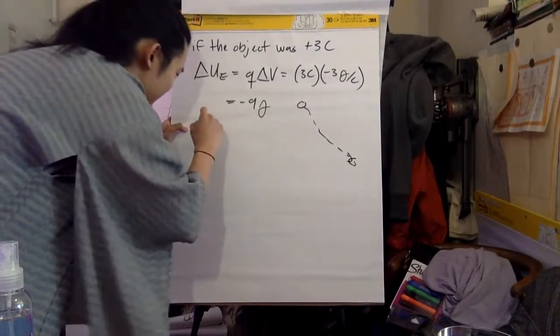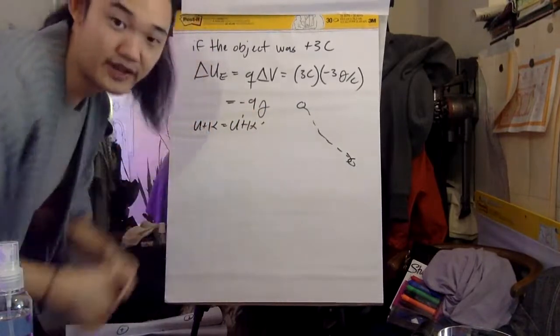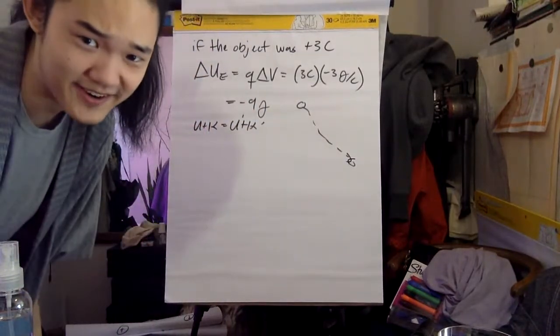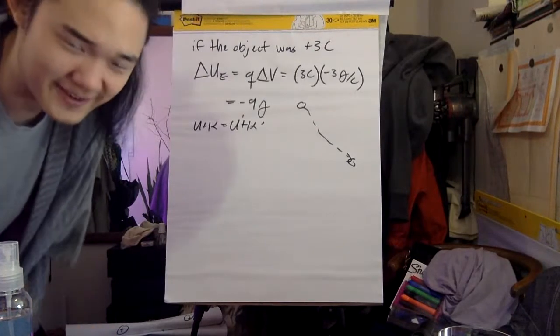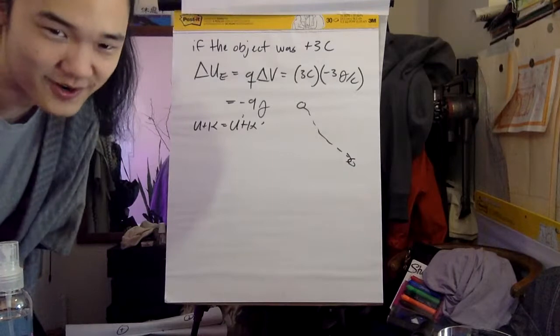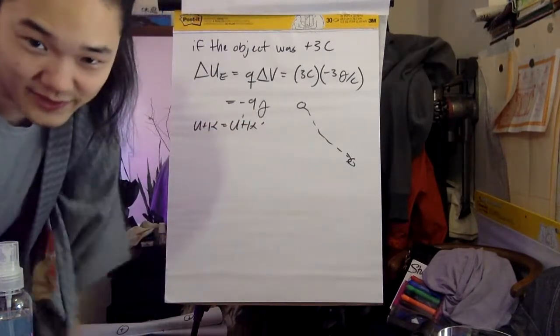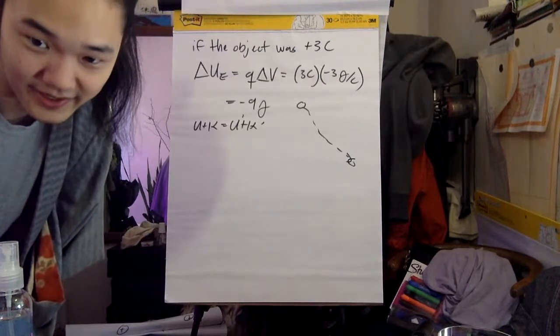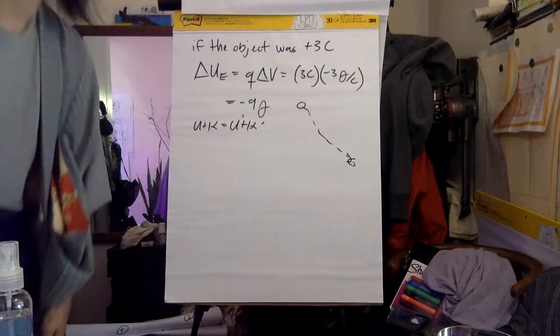Because I have U plus K equals U plus K, right? Was there any heat created? I don't think so. This object is just in space, outer space, in a vacuum, no friction, no collisions. So when I lost my potential energy, the only energy I really could have gained was kinetic. So there was acceleration, indeed, Diman.